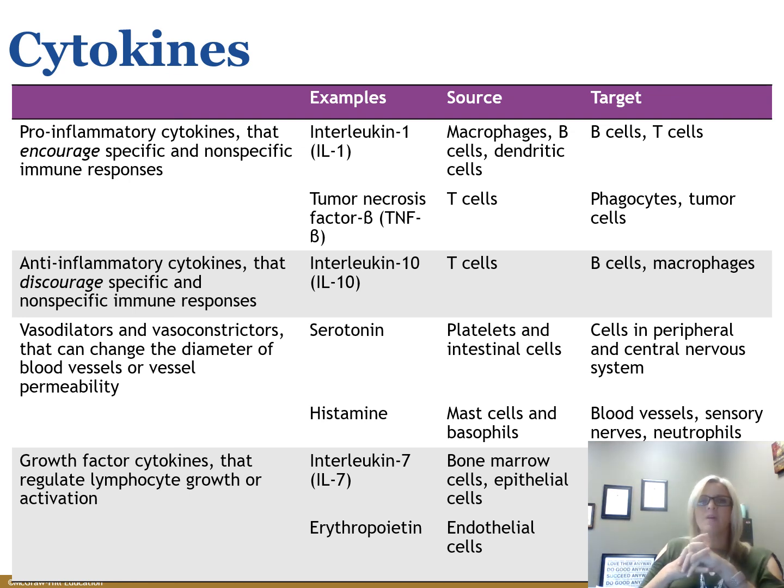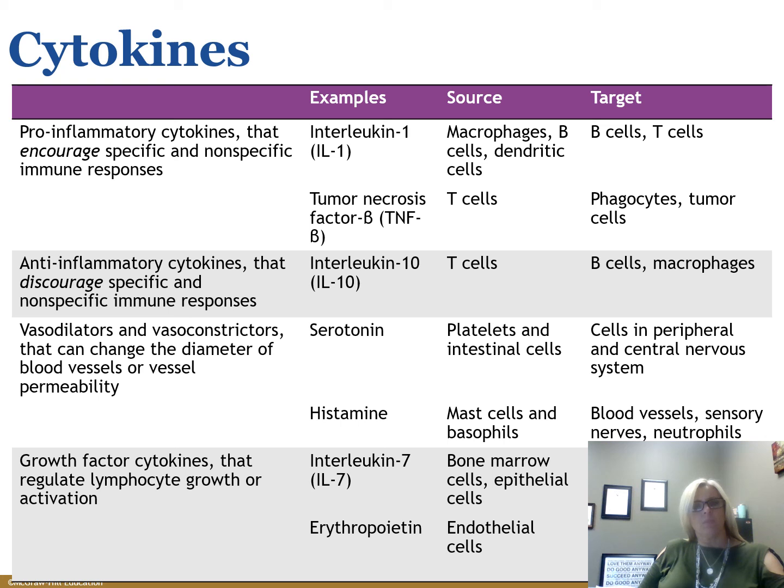The pro-inflammatory, so causing inflammation. This encourages very specific immune and some non-specific immune responses. That's going to be interleukin and tumor necrosis factor, interleukin 1 specifically. Interleukin 10 is anti-inflammatory, and so that's going to dampen down specific and non-specific immune responses.